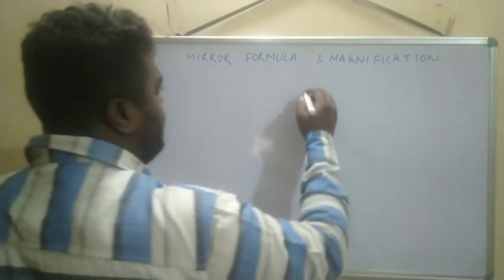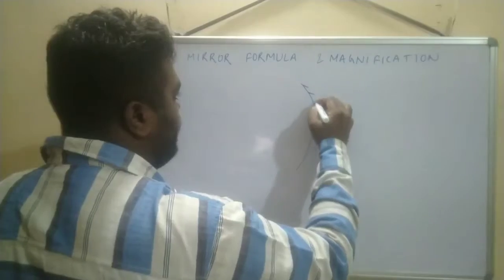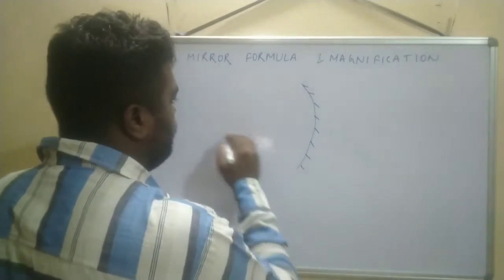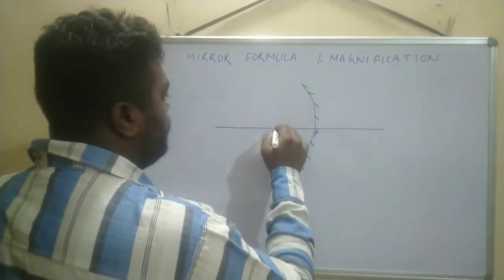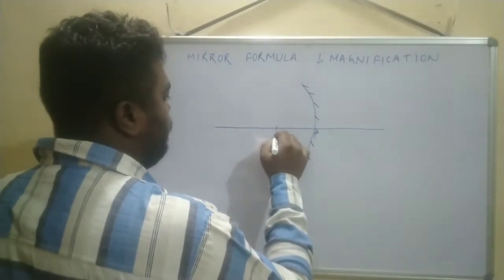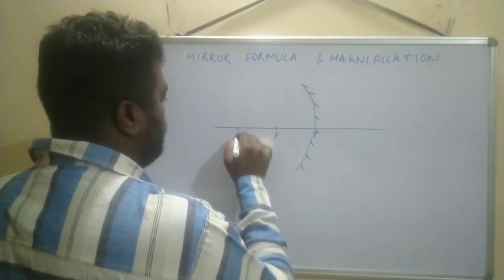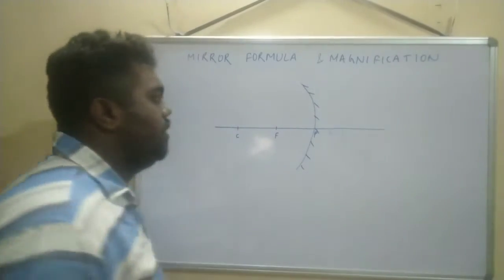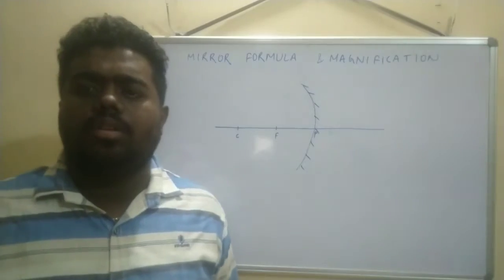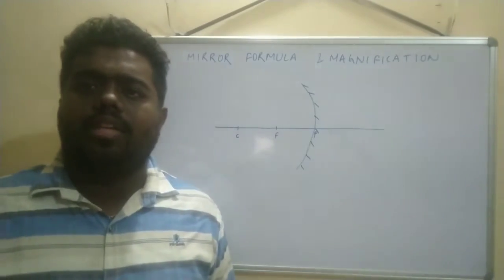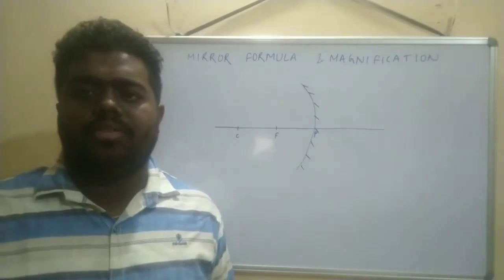First we need to see a mirror. Let's take a concave mirror. This is pole, this is focus, this is center of curvature. If you have not seen my previous videos, please go to my channel and you can see my previous videos.